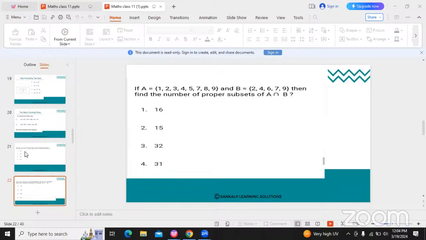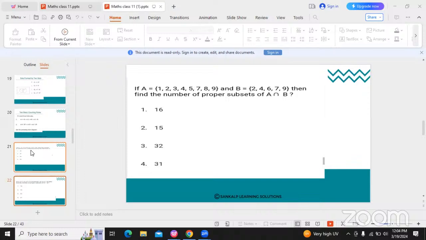Yes. Now, the set A is 1, 2, 3 up to 9 and set B is 2, 4, 6, 7, 9. Then find the number of proper subsets of A intersection B. Proper subsets of A intersection B. Again, I will give you 10 seconds.